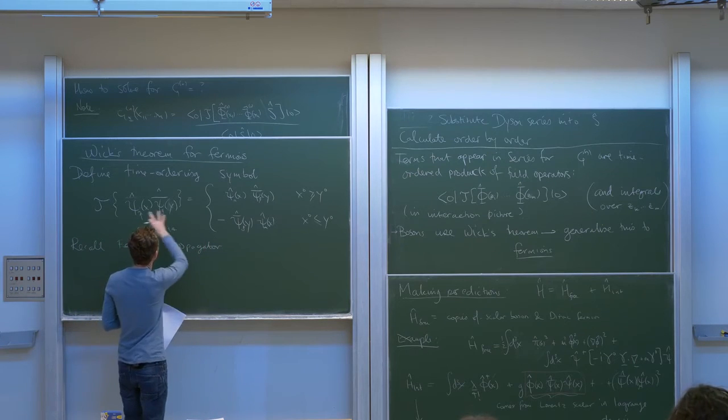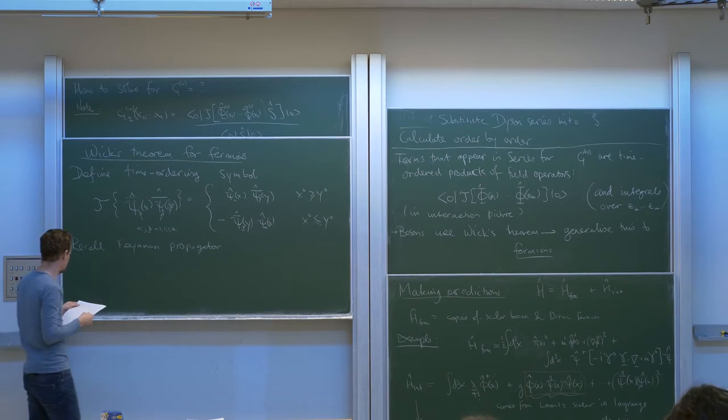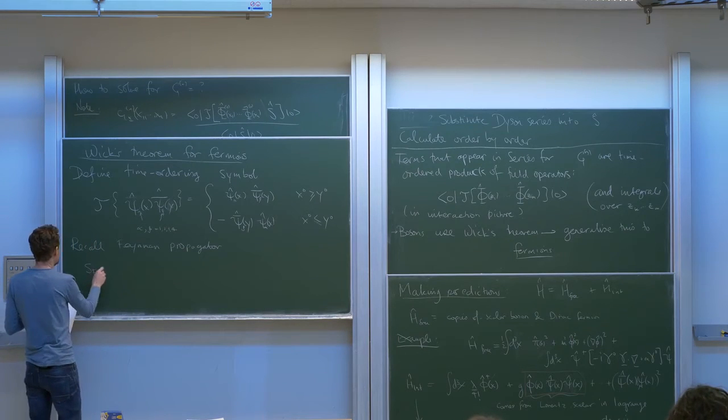When you put something like a time-ordered product of fields inside a vacuum expectation value, you get a Feynman propagator, which is a matrix of numbers.